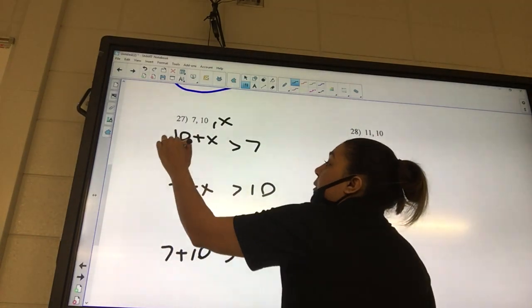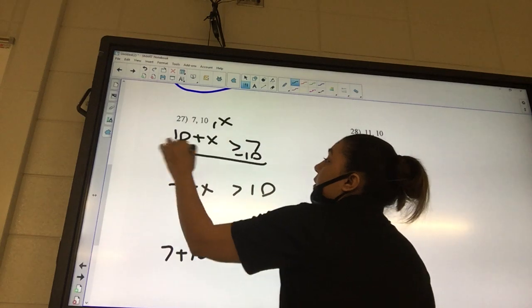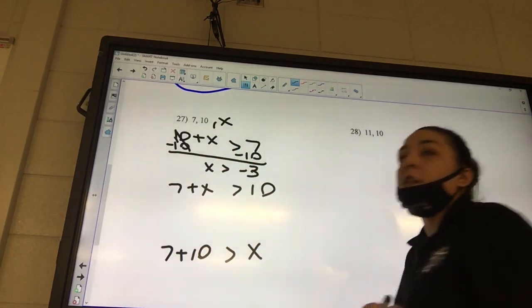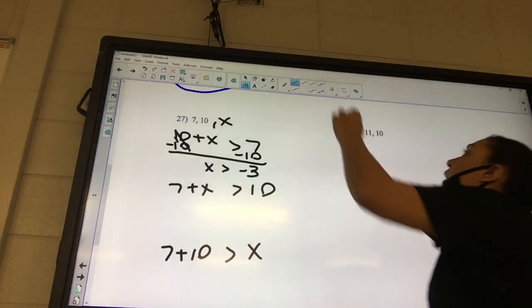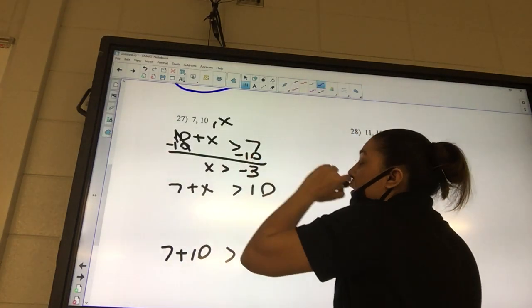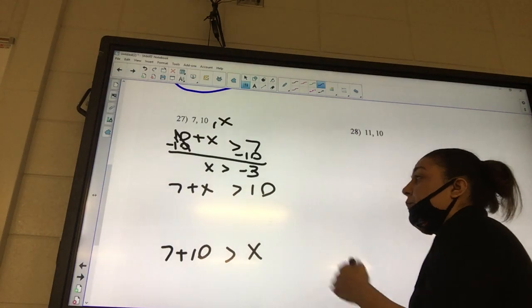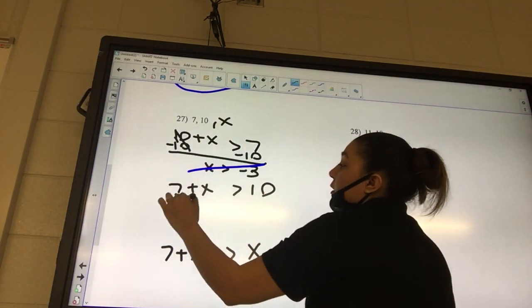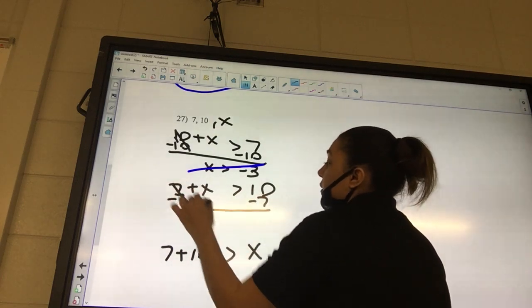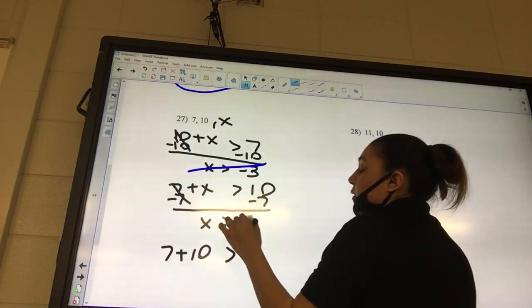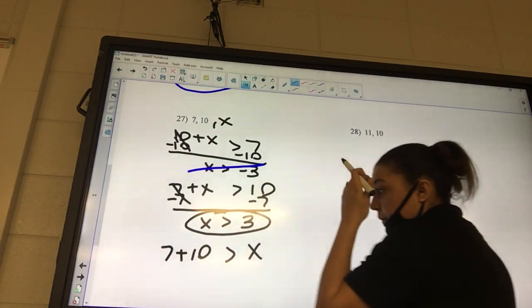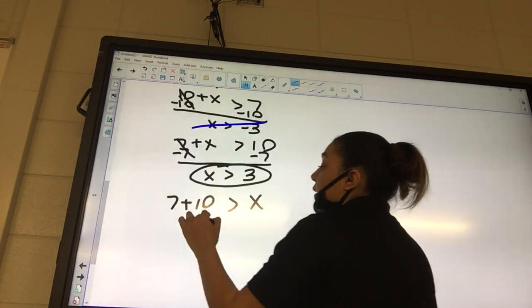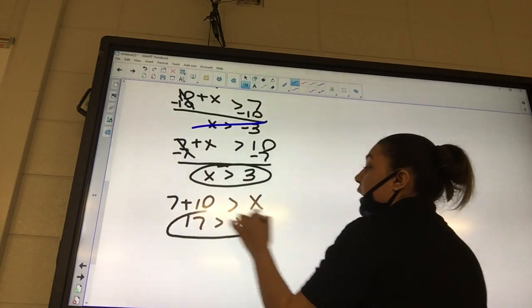Okay, so on the top one, I'm going to say minus 10 from both sides. I got x is greater than negative 3. Would that work? Why not? Because it's a negative. Can you have a negative side of a triangle? No. Okay, so that one does not work at all. So this one is going to be minus 7 on both sides. So 10 minus 7, 3, and so that could work. And then 7 plus 10, 17 is greater than x, and that will work.